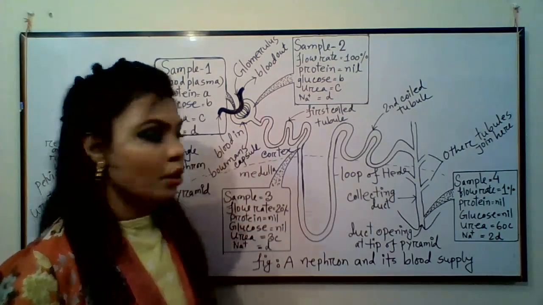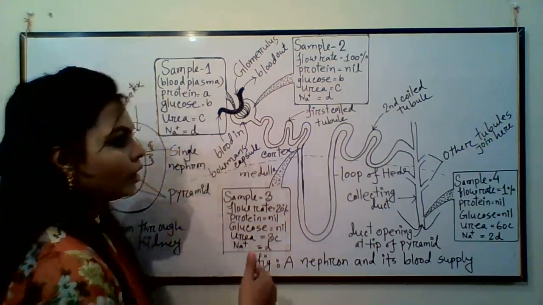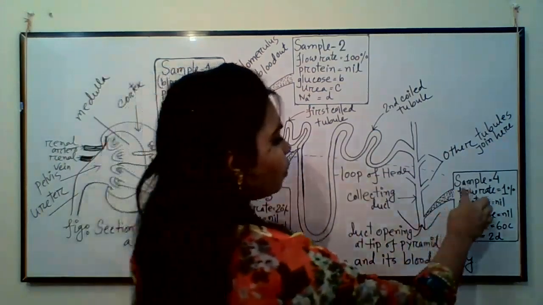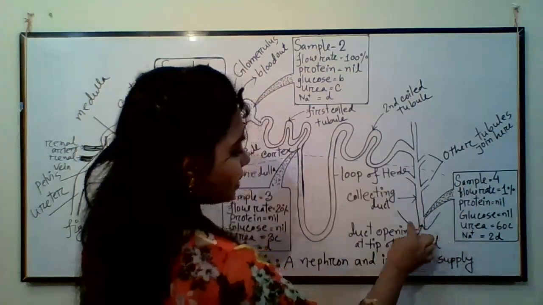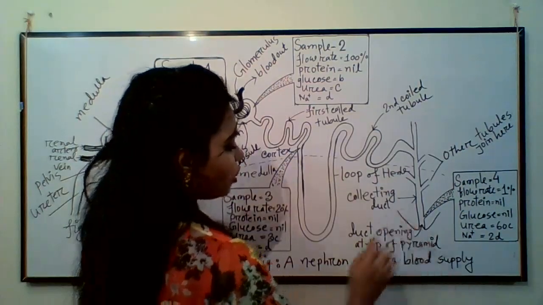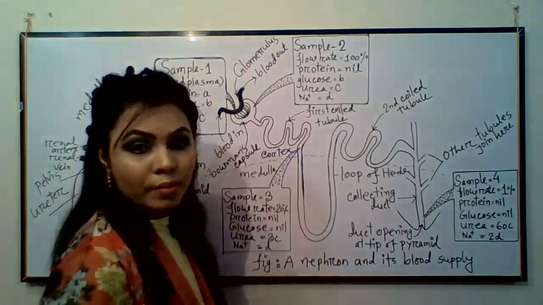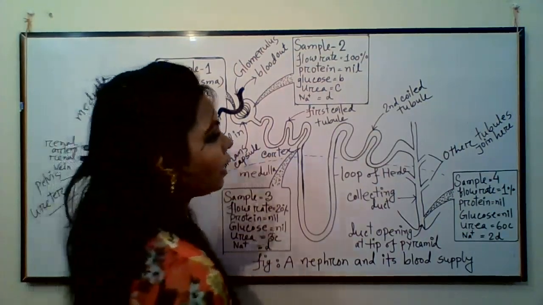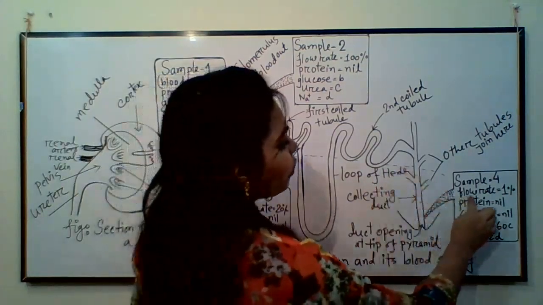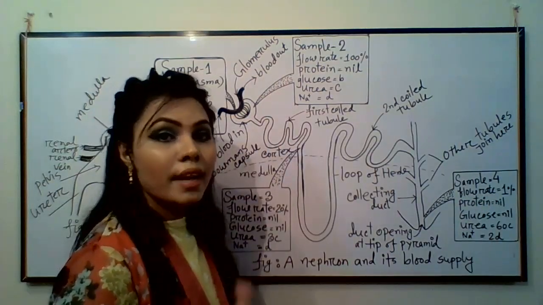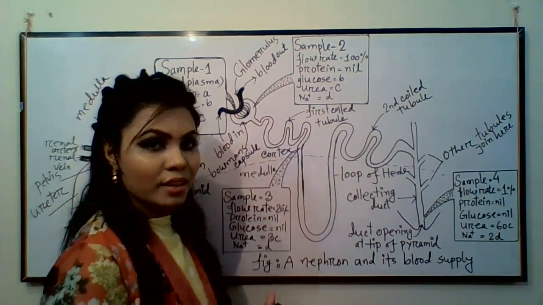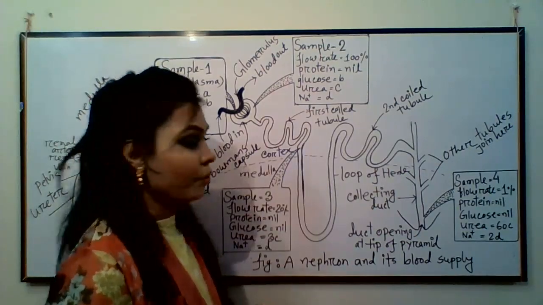Is that clear? Okay. Now, finally, look at sample 4. Where is this sample? It is actually at the duct opening or at the pyramid. Now just see, flow rate is 1%. That means 99% of water has been reabsorbed already.